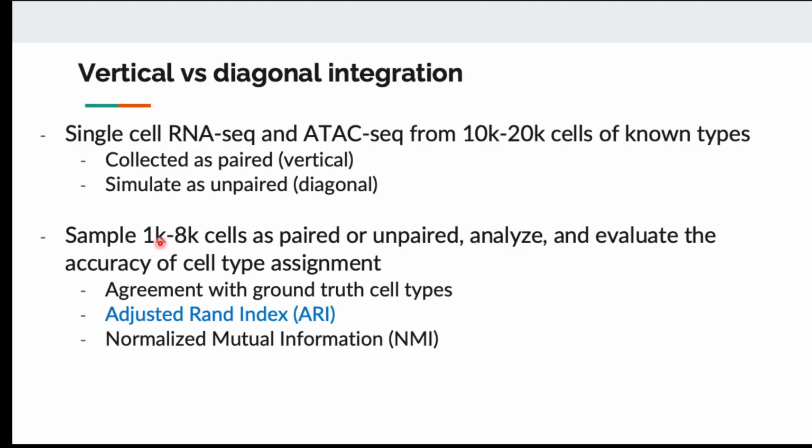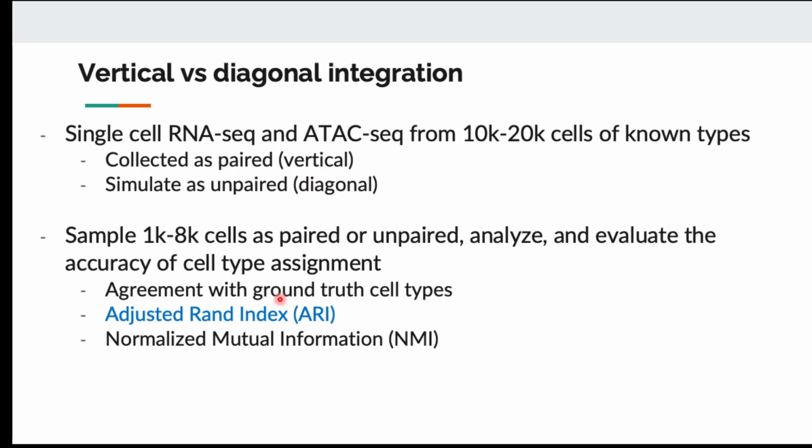And they want to see, if they analyze the data as a pair, as vertical integration, where we know the RNA-seq and ATAC for every cell being paired, versus diagonal, do the cell types that they infer agree with each other? We want to know how much information is lost when we perform the diagonal integration.